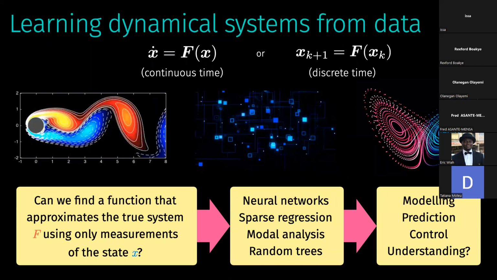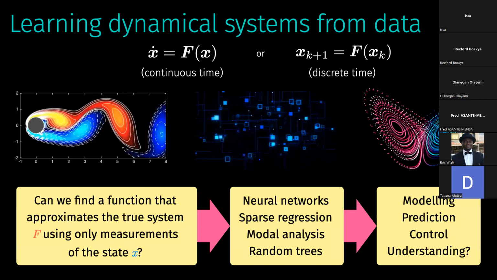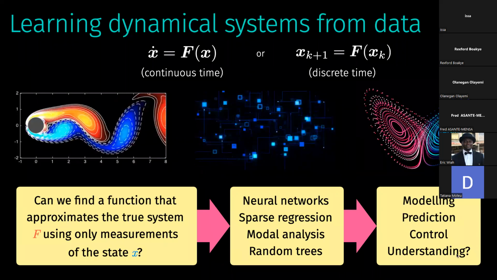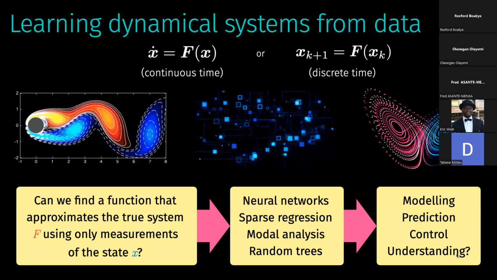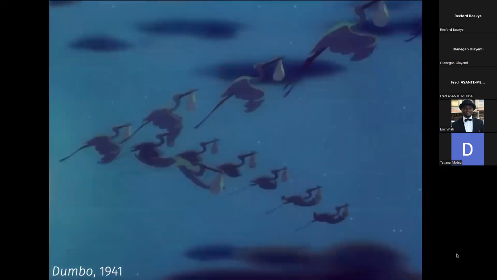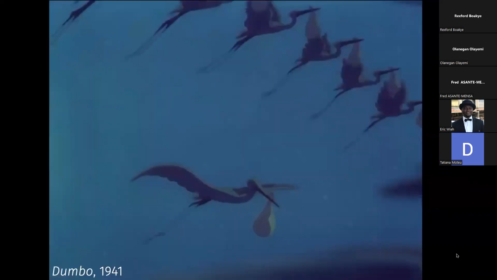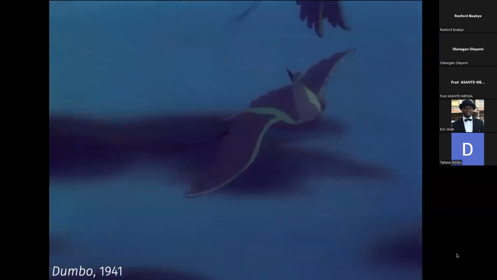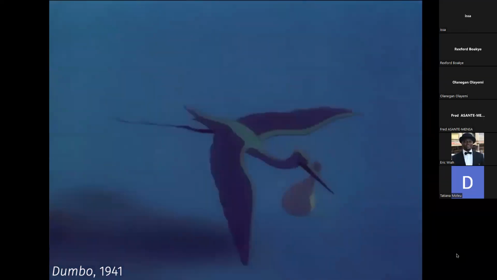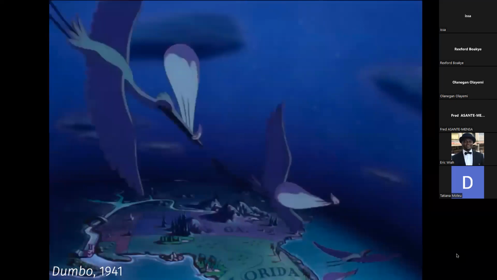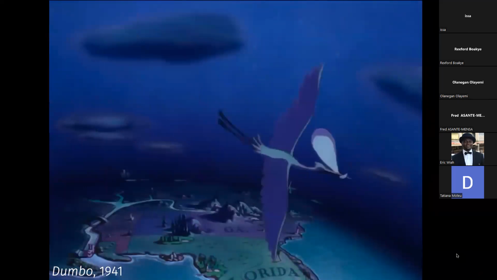The way that I motivate this method is through this clip from the movie Dumbo, which apparently was one of my favorite movies growing up. In the opening scene of Dumbo, we see this flock of storks delivering newborn babies to expecting parents.